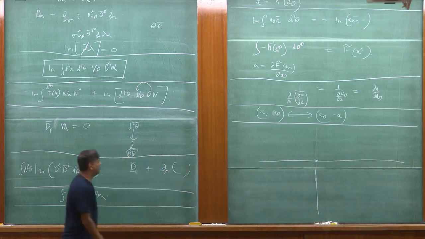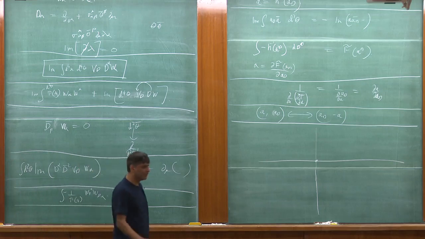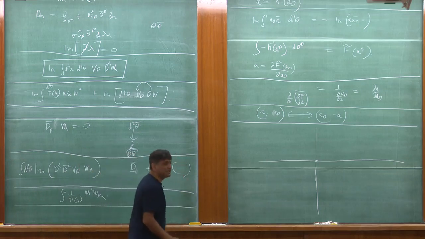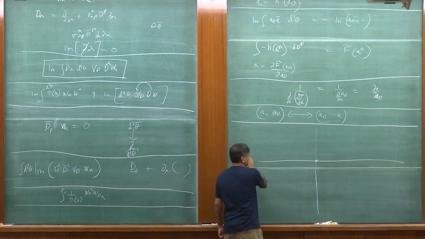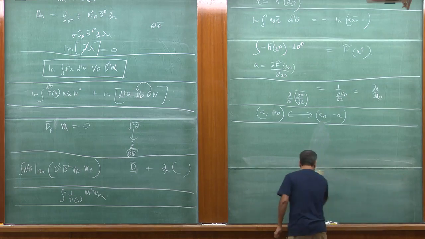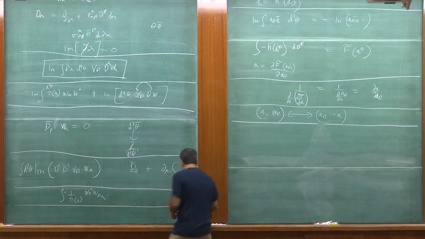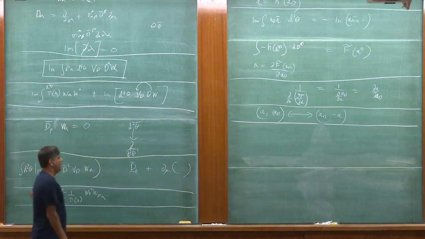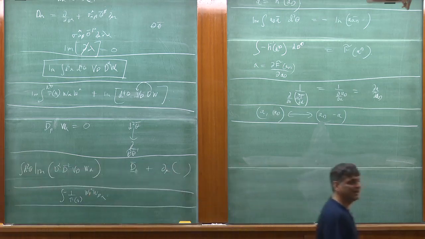There is one more thing I want to tell you, one more technical thing before we proceed towards the solution. The last thing I want to tell you about is central charges.